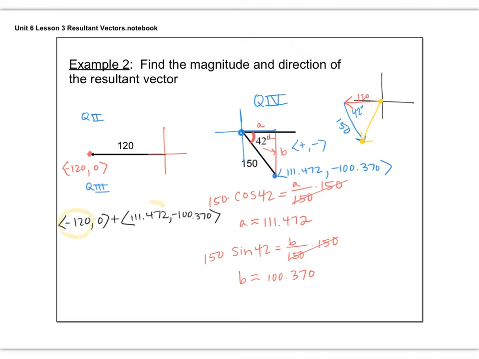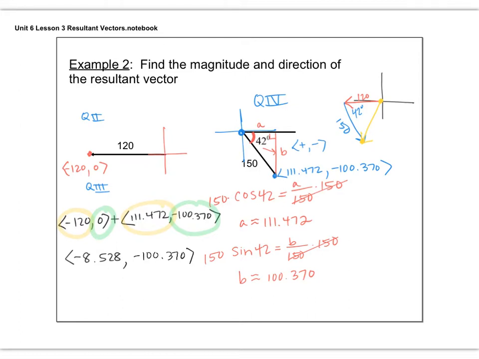So I'm going to take the 120 and the 111.472 and add them together. And when I do that, I get negative 8.528. And then I'm going to add the vertical components, 0 and negative 100.370. And that is negative 100.370.